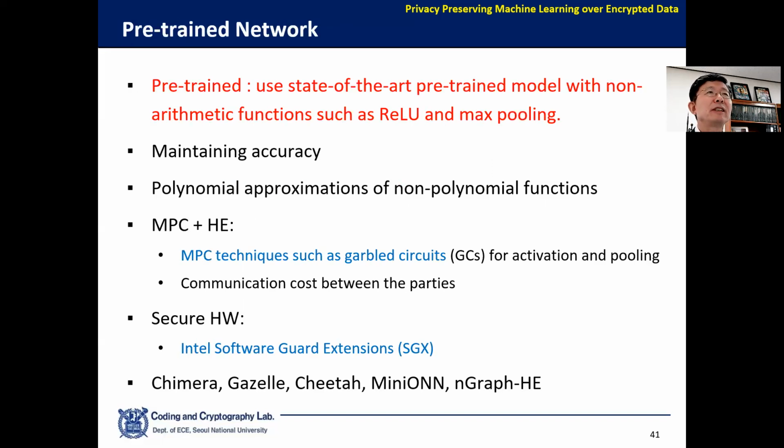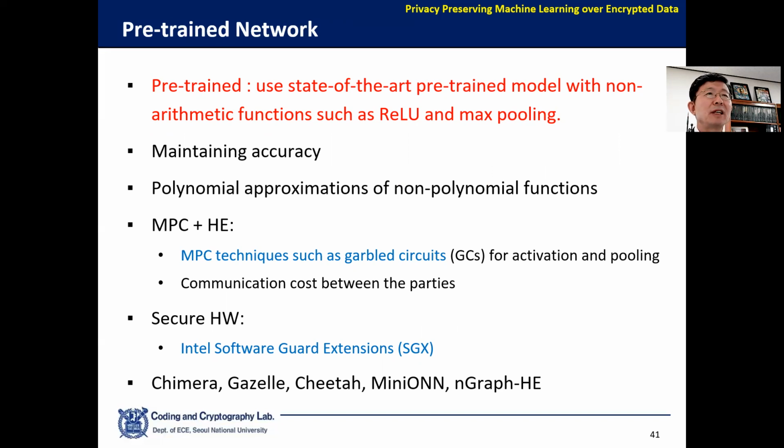Second one is the pre-trained network. Pre-trained uses the state-of-the-art pre-trained model with non-arithmetic functions such as ReLU and max pooling. And it maintains accuracy, and polynomial approximation of a non-polynomial function is used. And also MPC is combined with HE.